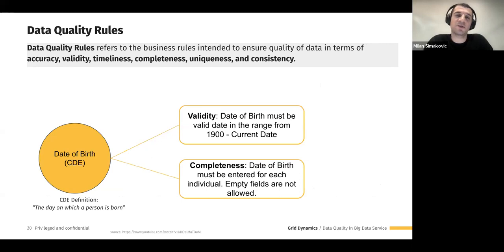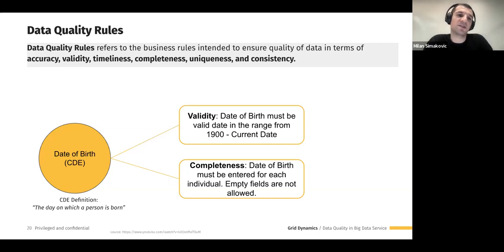Those dimensions were the tools that we can use in order to check the data quality for a particular CDE. It depends on the data owners to define their own data quality rules. Data quality rules should be manually defined rules based on the dimension.